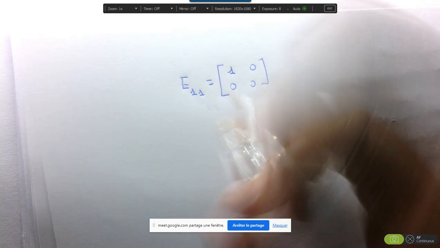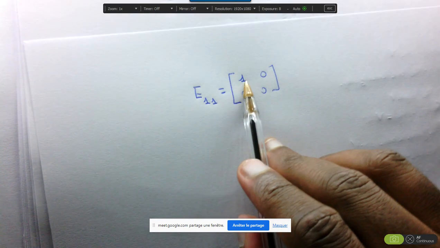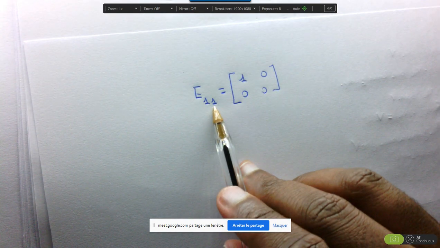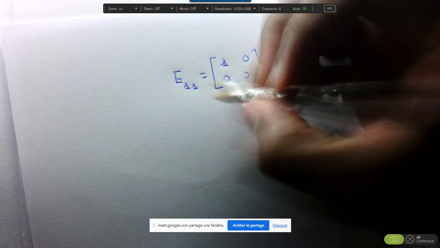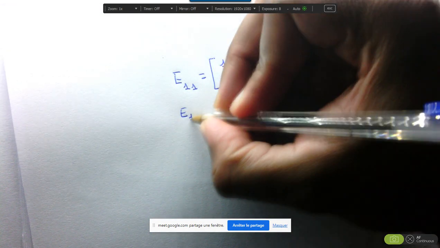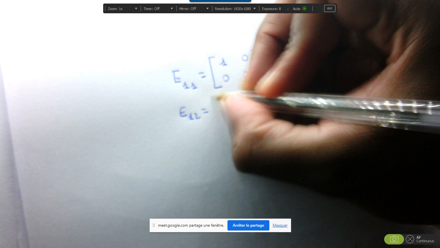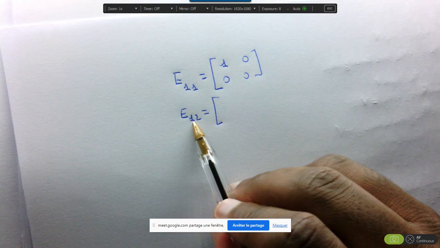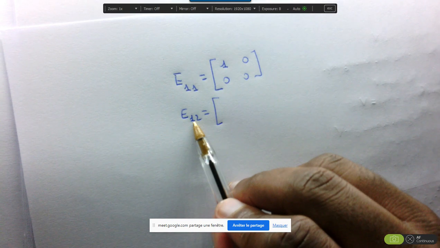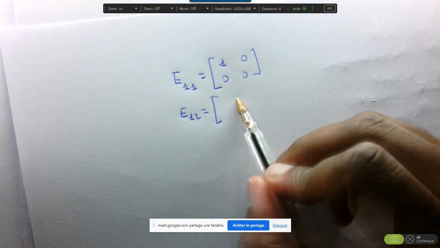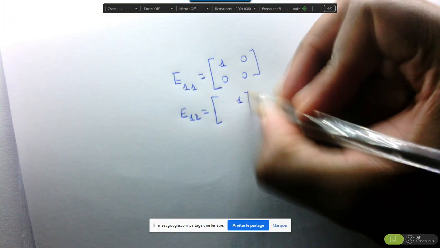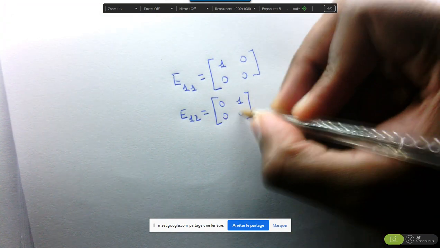You can notice that the 1 is positioned in the first row, first column. For E12, the 1 is in the first row, second column, and everything else is a 0.